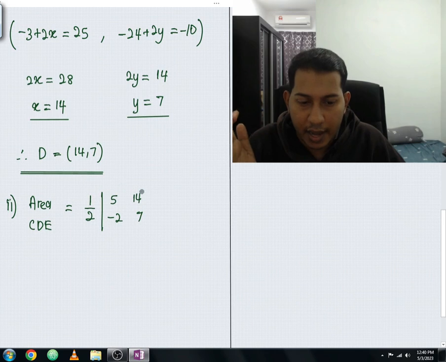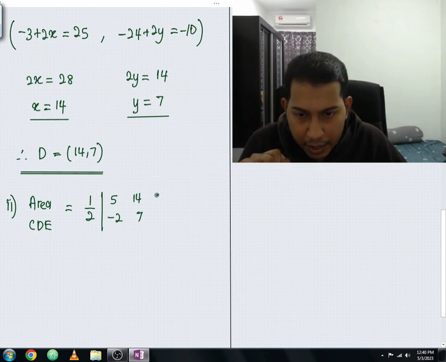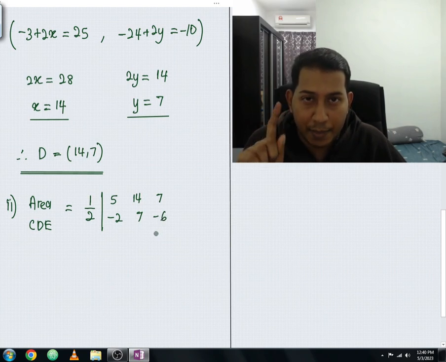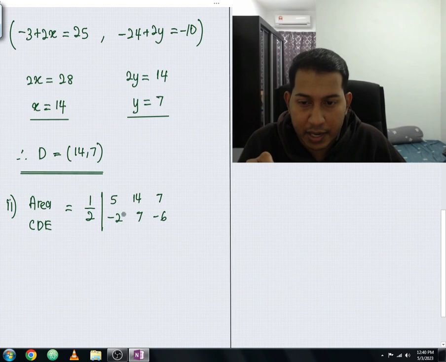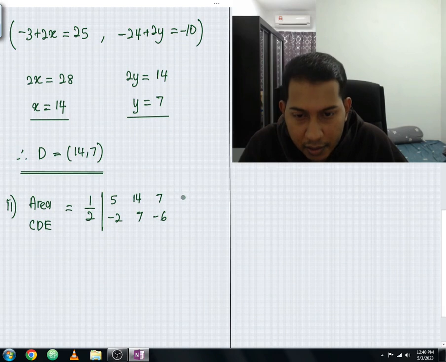Then we move on to the coordinate E, which is 7 comma negative 6. And remember, if you start with coordinate C, you must end your working with coordinate C. So C, D, E, and then one more time you have to write coordinate C over here, 5 comma negative 2.